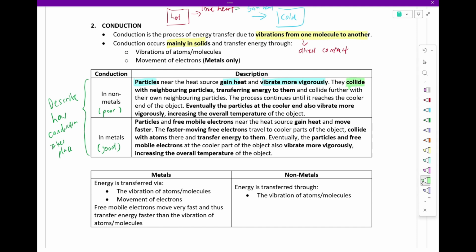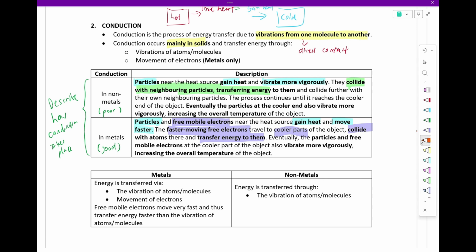Because particles, when they bump into their neighbors, they transfer energy. Okay, so same thing, I also have particles here, and I also have free mobile electrons. So both of them will gain heat and move more vigorously. Okay, and what's so special about free mobile electrons is that they are faster moving itself, and they can travel directly to the colder part, collide and transfer heat.